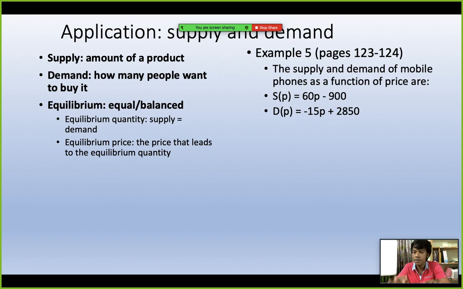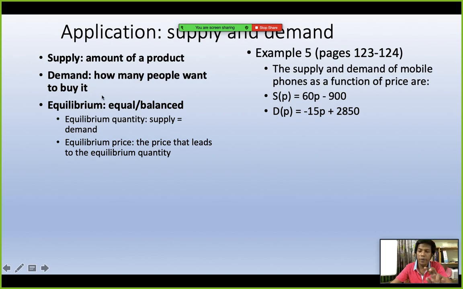They have to balance what the demand in the market is, how much they have already produced, and how much they have to produce. So supply means the amount of product, and demand means how many people want to buy it.